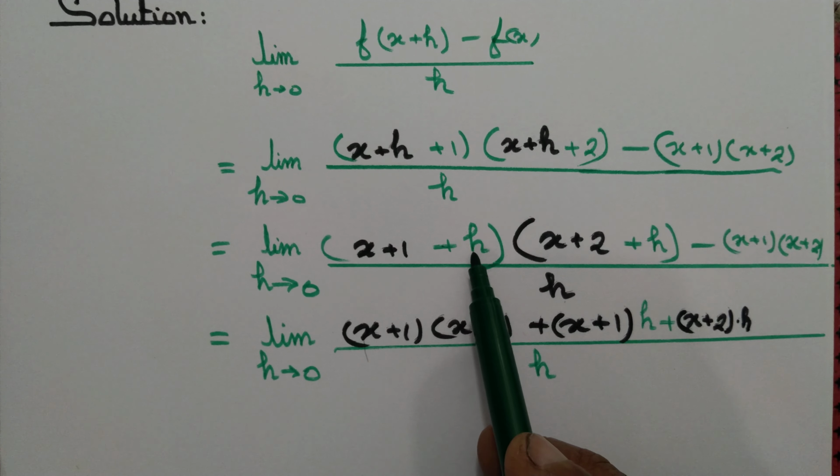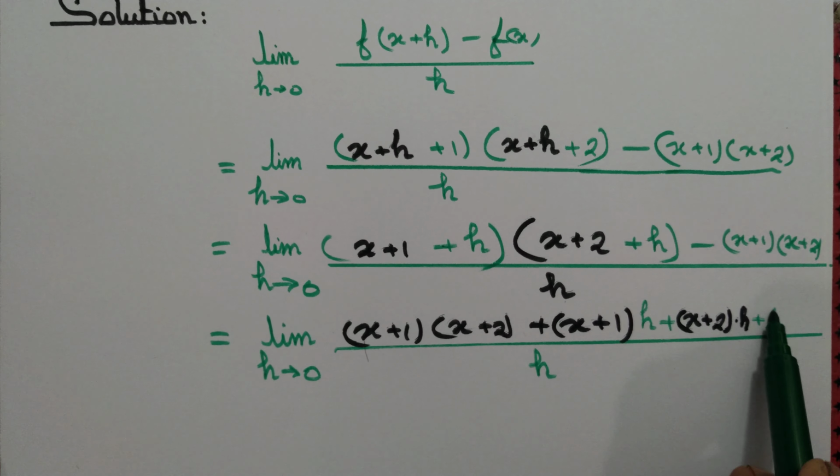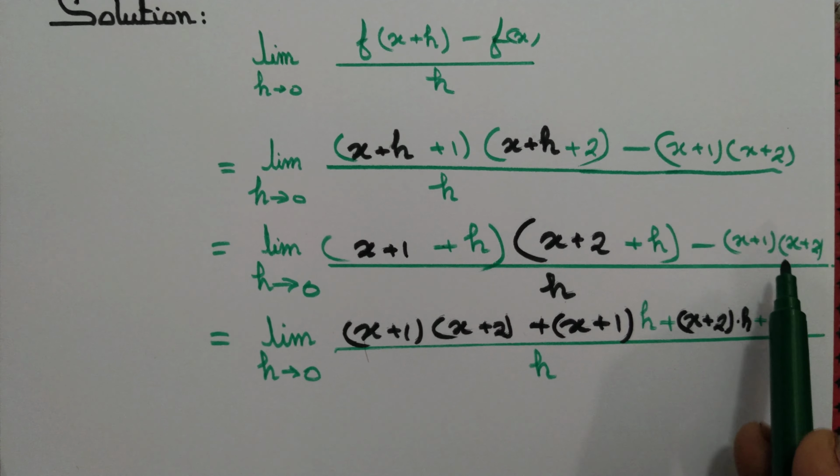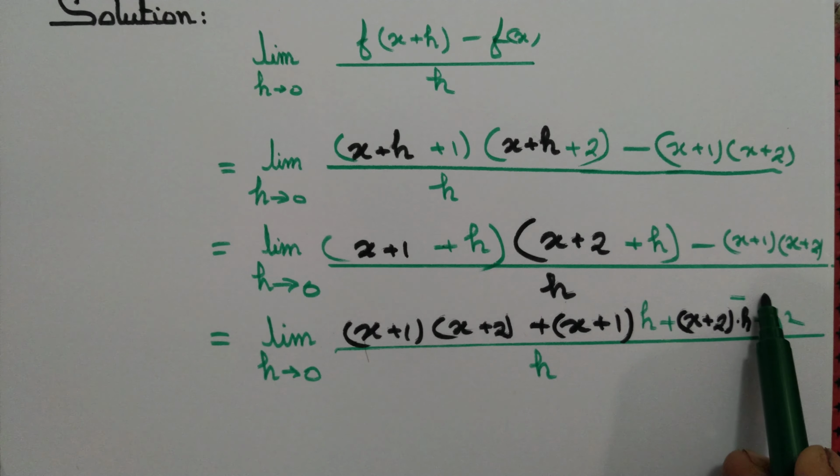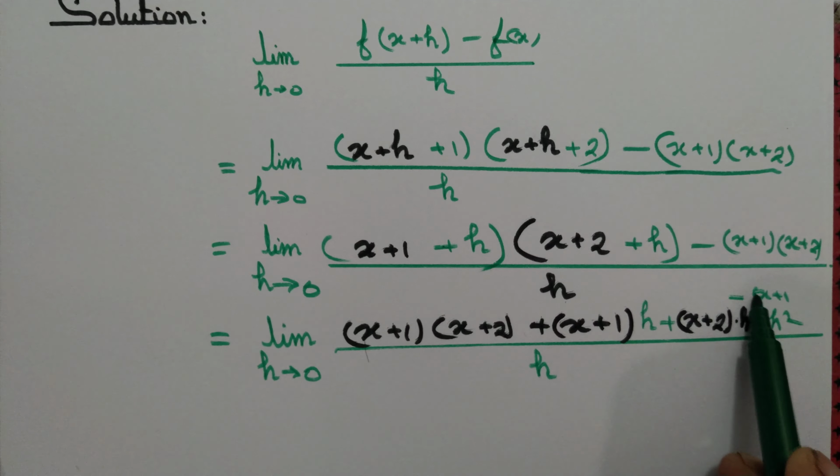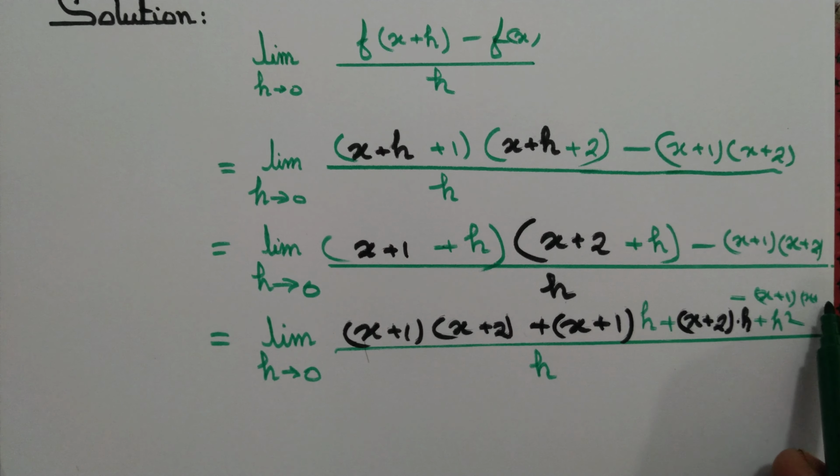Lastly, h times h is h square. We need to copy this one as well. So let's write it here: minus (x plus 1)(x plus 2).